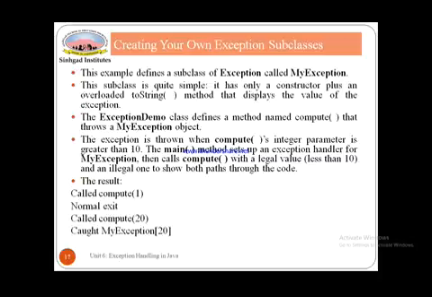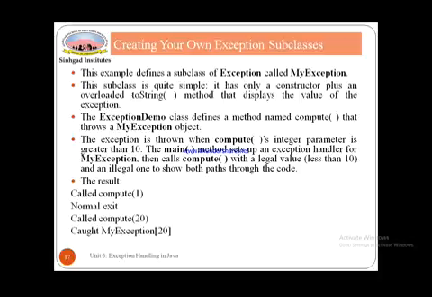This example defines a subclass of Exception called MyException. This subclass is quite simple, it has only a constructor plus an overloaded toString method that displays the value of the exception. The ExceptionDemo class defines a method named compute that throws a MyException object.